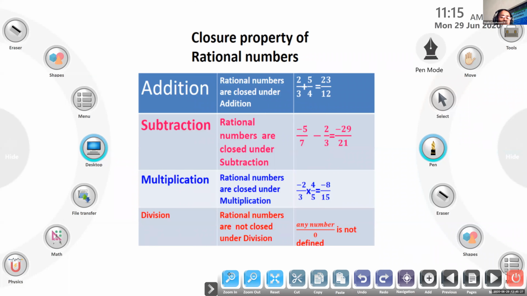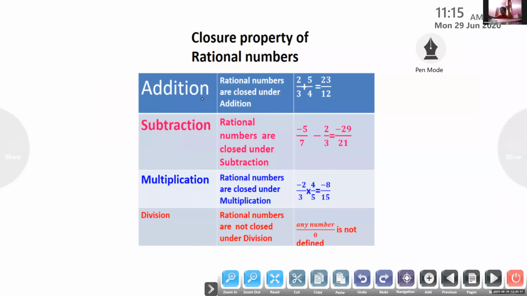Take any two rational numbers, then do addition, subtraction, multiplication, and division on those numbers. If the answer is also a rational number, then that operation is closed.